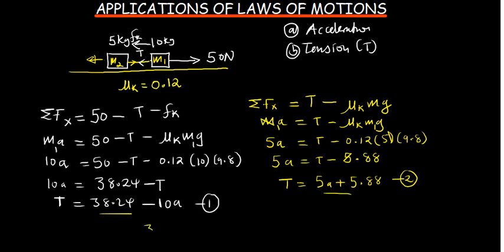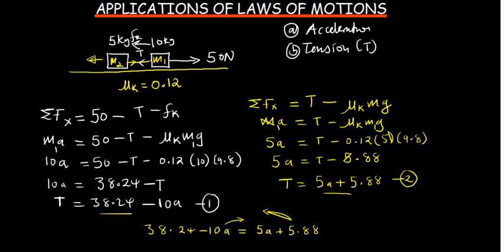So here now arrange like terms. I'm going to take the 38.24 to the other side. I'll take also the 10a to the other side. If the 5.88 goes to the other side, it's going to become negative. So that is going to be 38.24 minus 5.88, and that is going to give us 32.36.